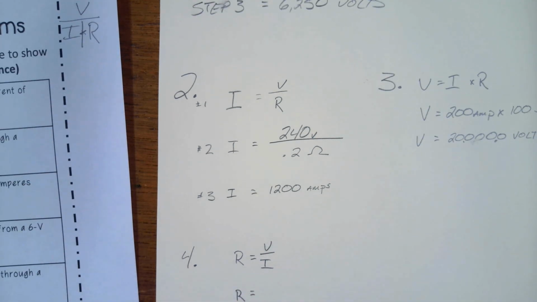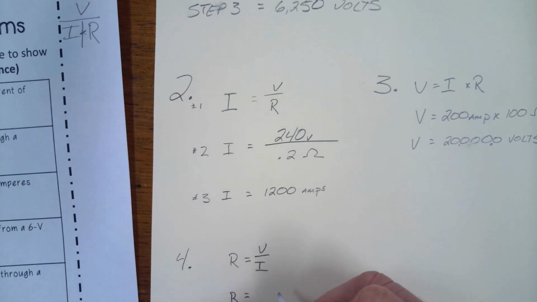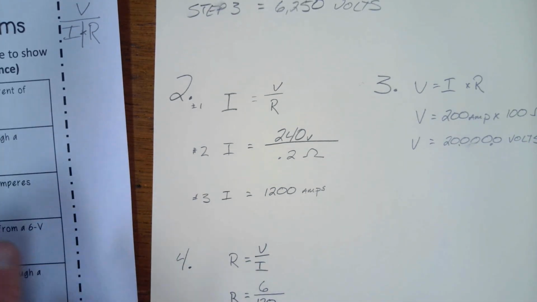Next step is to plug in my numbers. And wait a minute. No, I just read it backwards. 6-volt battery, right? And the load is 120 amp. So 6 divided by 120.